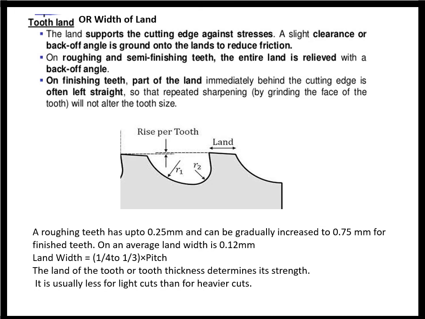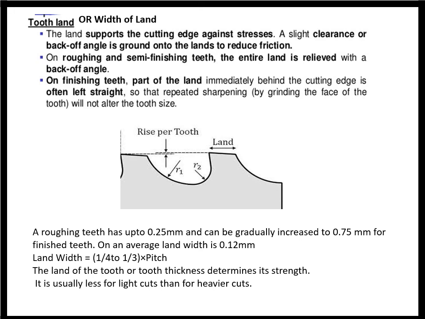The figure shows the width of the land, which is represented by L. Basically, it supports the cutting edge against stress, and each land is relieved by a very small back-off angle or relief angle, and over the section of different types of teeth, the land width is not uniform.